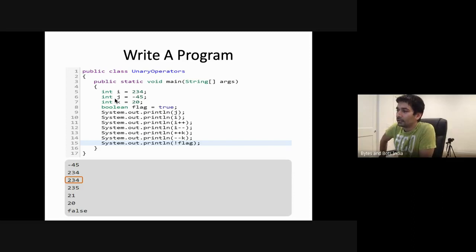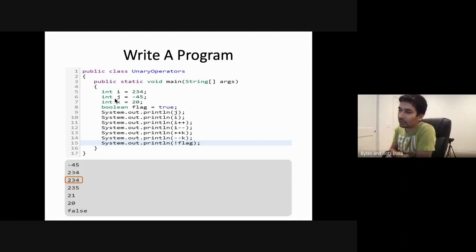Correct. So that's the postfix operator. What it does is it first evaluates the expression. So it will first print it with whatever value of I is, and once that operation is done, then it will increment the value of I. At line 10, we're just printing whatever value of I, which is 234. That's what is expected.